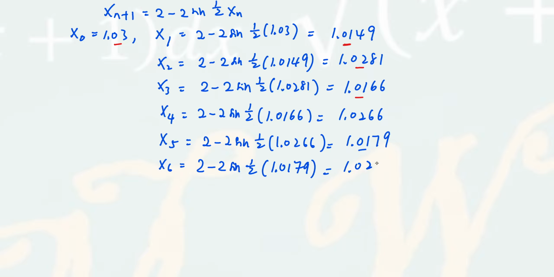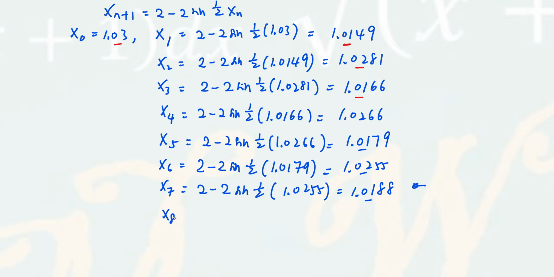This is 1.0255. Again, this is 1.03 if I round to 2 decimal places. So we need to do a lot of calculation for this question. Okay, so when you refer to here, 1.0188. When you round, 1.02, but the previous one will be 1.03.